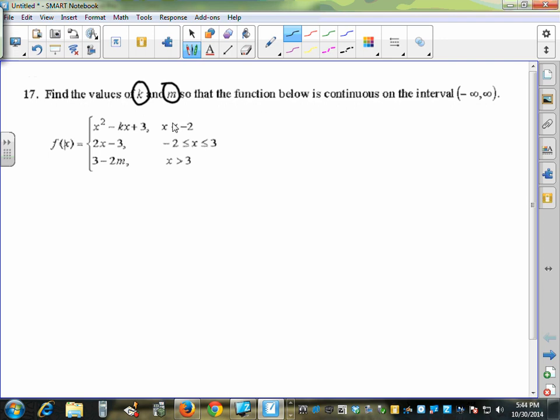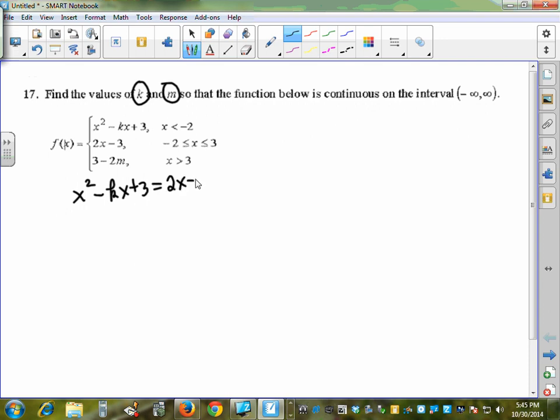We know, first of all, that for that function to be continuous, the limit of this piece has to equal the limit of that piece there at x equals -2. So the y value here, for it to be continuous, would have to equal the y value here at x equals -2.